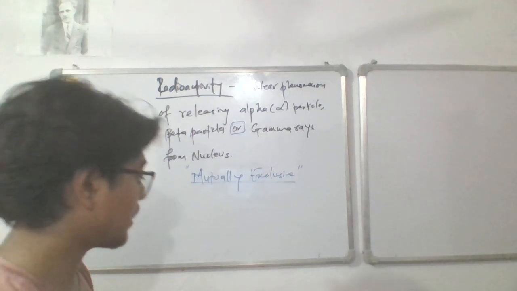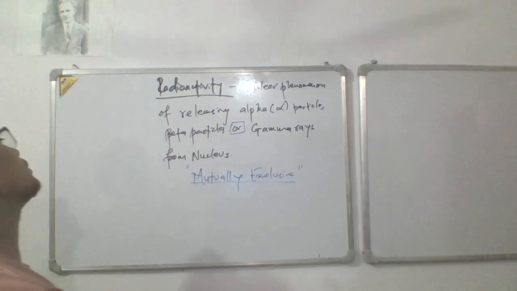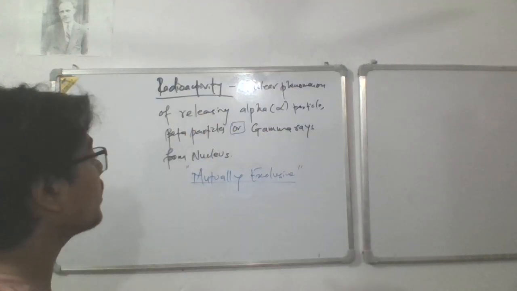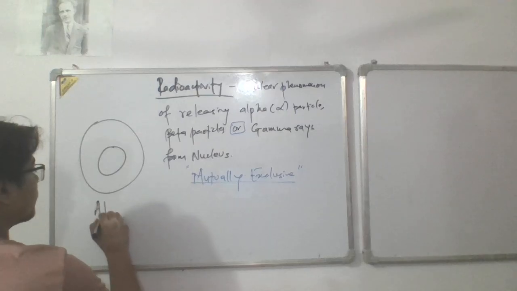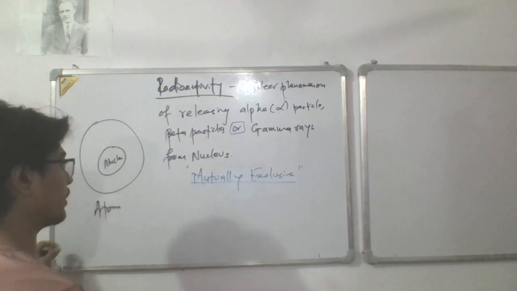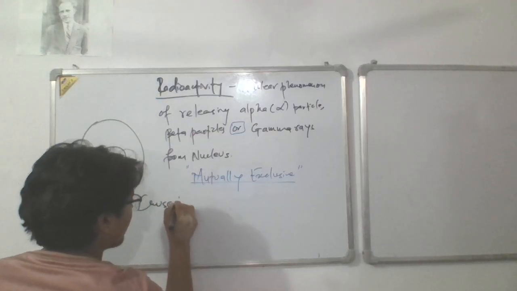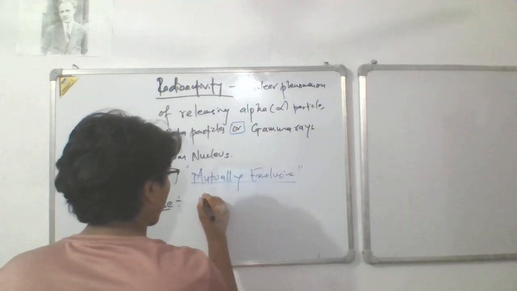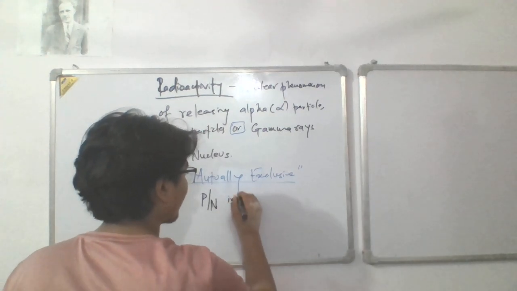Now let's try to understand this definition a little better. We have called that a nuclear phenomenon because we know it's an atom. If it's an atom, it has a nucleus, and inside this nucleus, the main cause of this radioactivity is proton neutron ratio imbalance.